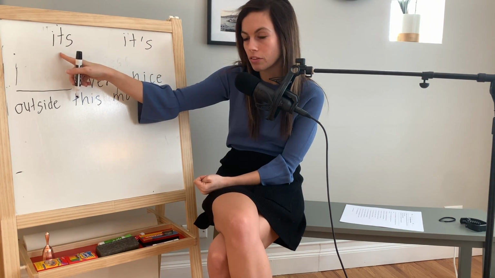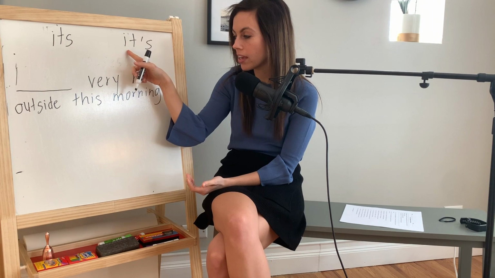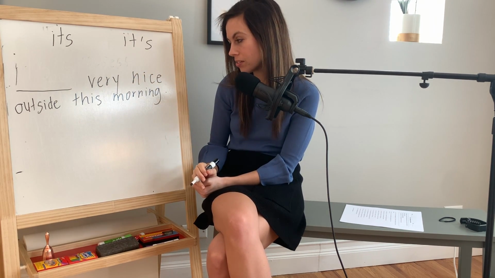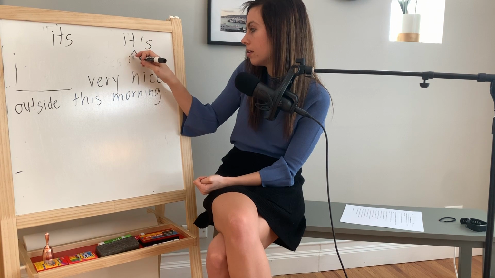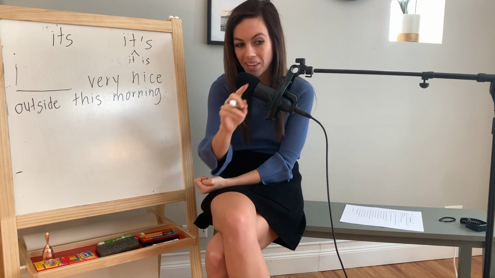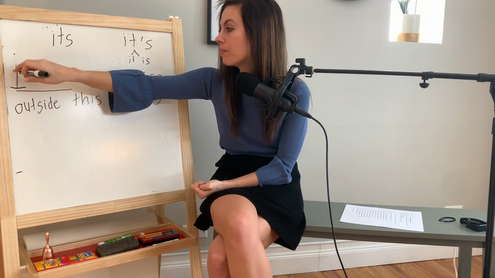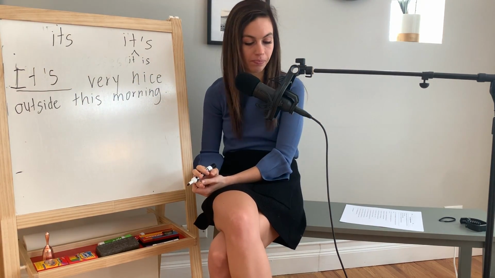So does this show the contraction form or the possessive form? It's very nice outside this morning. And could you say it is very nice outside? I'm just going to write that down. It is. Yes, it is. It's with the contraction form. Okay. All right, let's do another one.